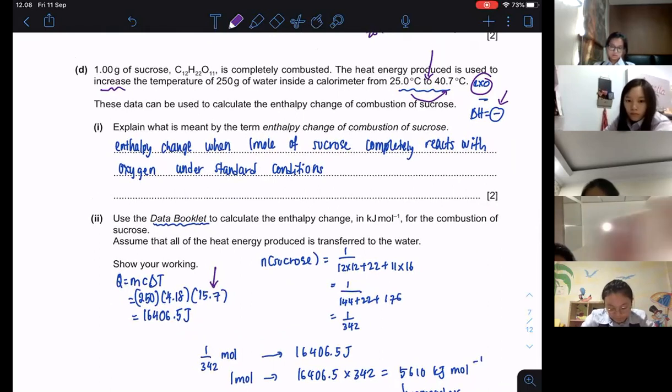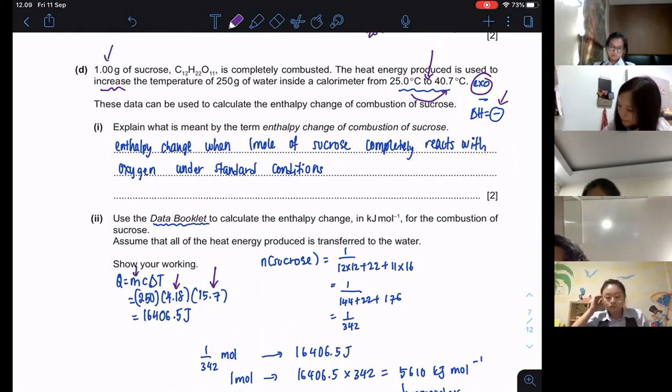And then for c, from the data booklet you'll get 4.18. 4.18 is the specific heat capacity for water. It means when you use this value, m must be in gram. But sometimes we are not sure which one we should use. Should we use 250 gram of water, or 1 gram of sucrose?